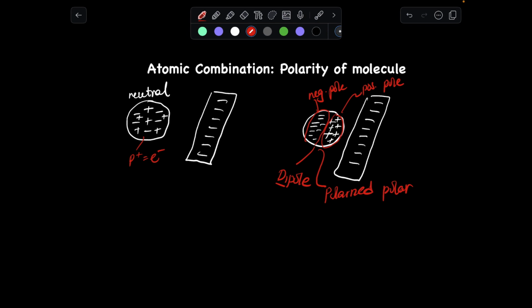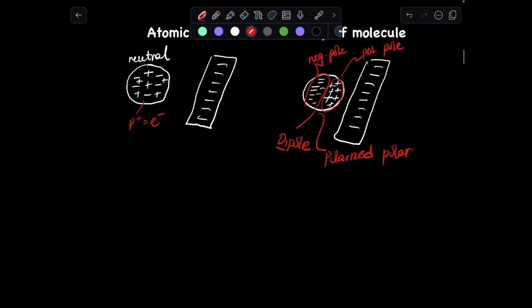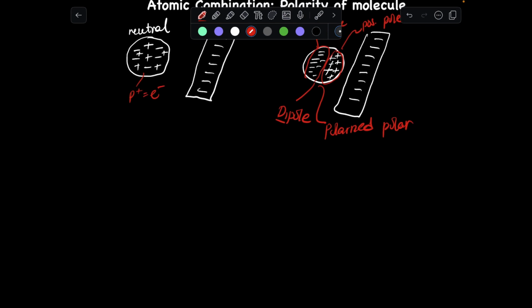It's polar, right? Something that is polar has an uneven distribution of charges.